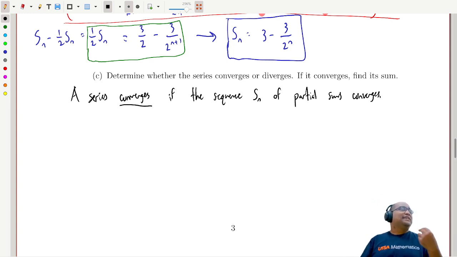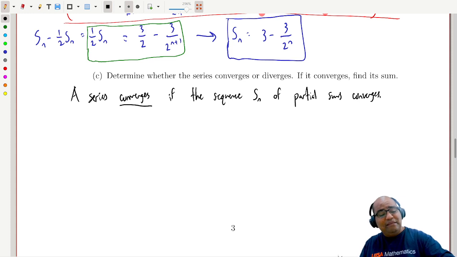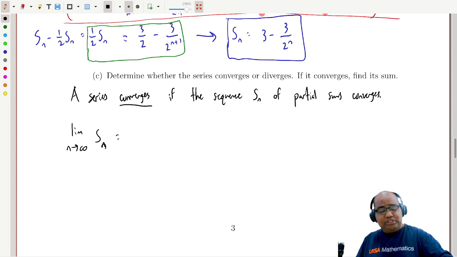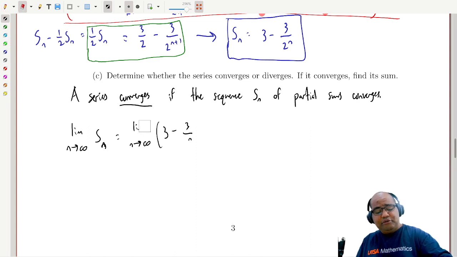And how do we figure out this convergence stuff? Well, we just take limits, okay? So we're going to go ahead and take the limit here as n goes to infinity of Sn, and we figured out what Sn was. That's our nth partial sum from above, right there in that blue box. So we'll have the limit here as n approaches infinity of 3 minus 3 over 2 to the n. Let's go ahead and fix that real quick.